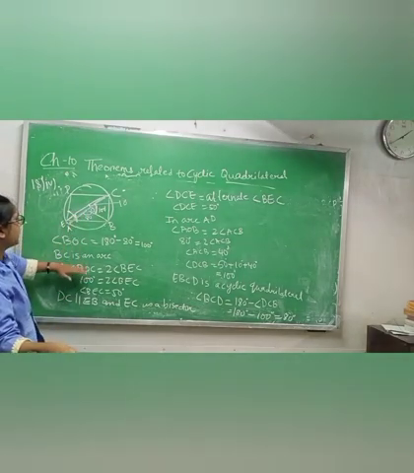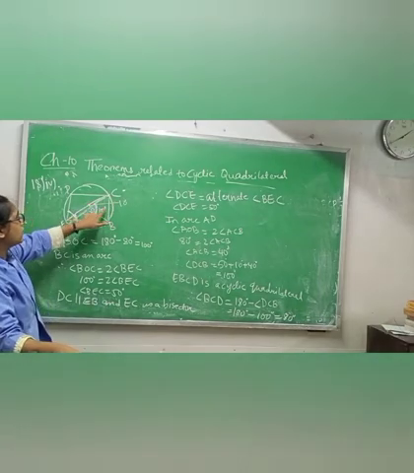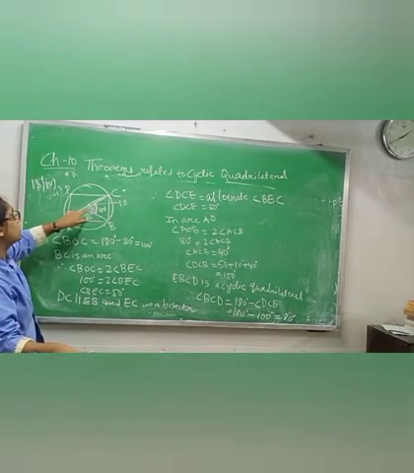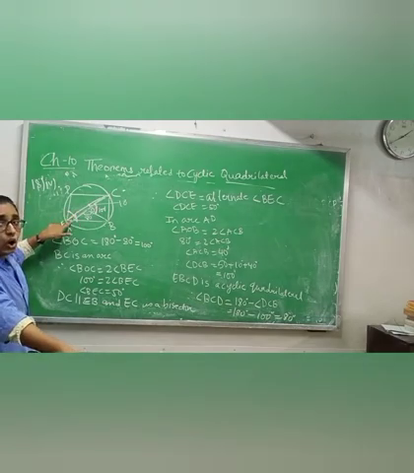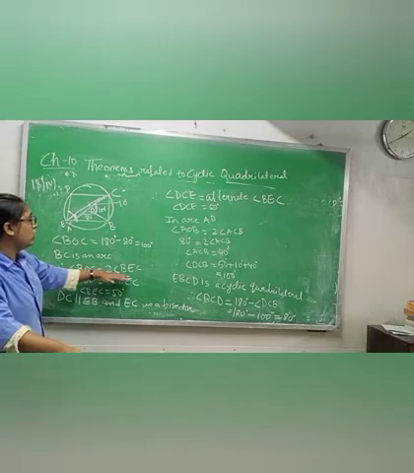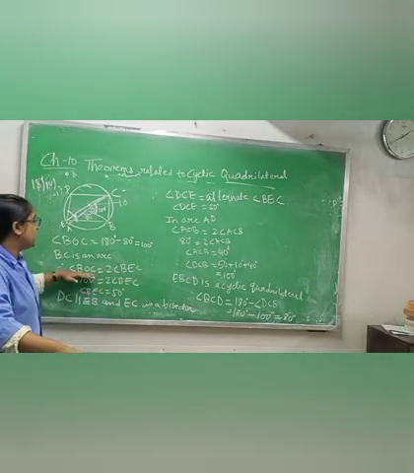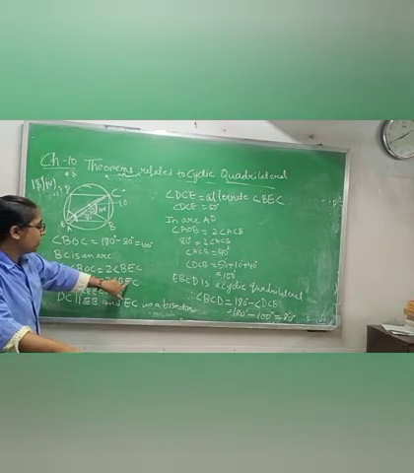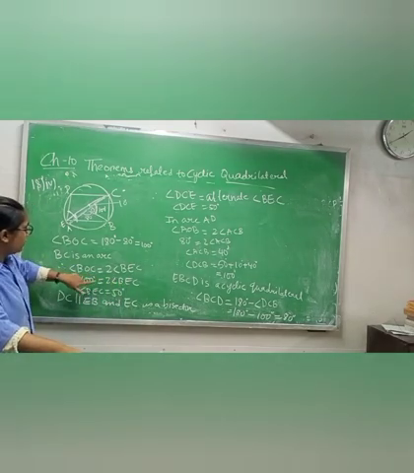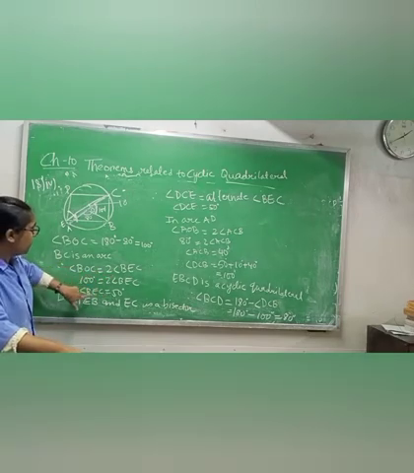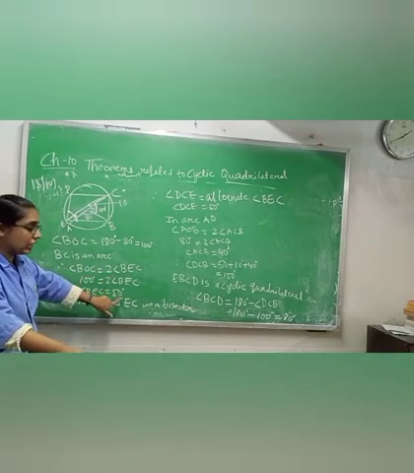So if BC is an arc, the angle at the center is always double the angle on the circle. That is why I have written angle BOC equals double angle BEC. BOC value we got is 100 degrees. I am writing 2 into BEC. Now these two will cancel, 2 ones are 2, 2 fifties are 100. So BEC you are getting 50 degrees.